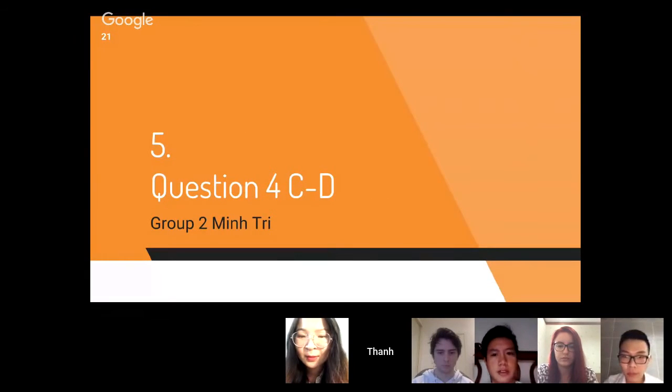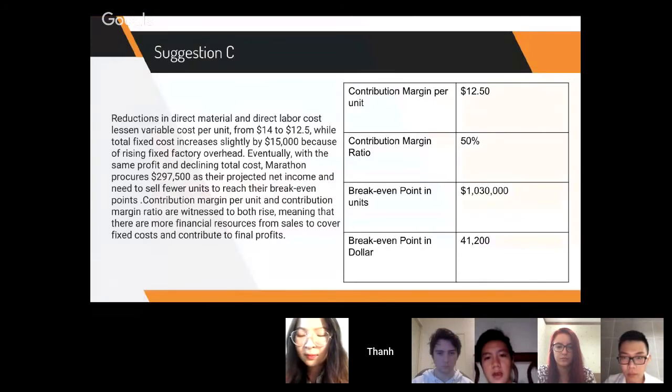With suggestion C, the reduction in direct material and direct labor means the variable cost per unit will decrease from $14 to $10.5, while total fixed cost increased by $15,000 because of the rising fixed factory overhead.